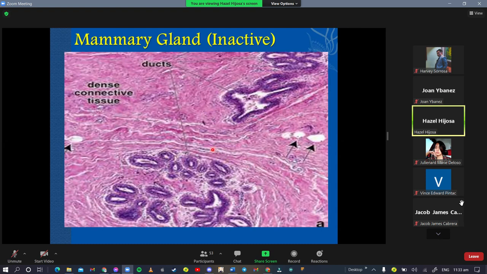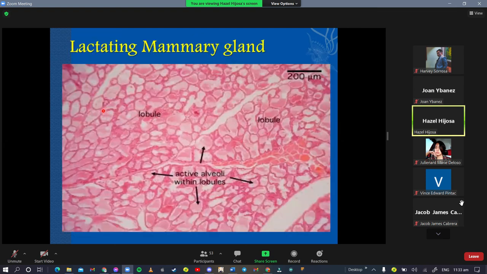Take note that the inactive mammary gland is composed largely of fibrocollagenous connective tissue.